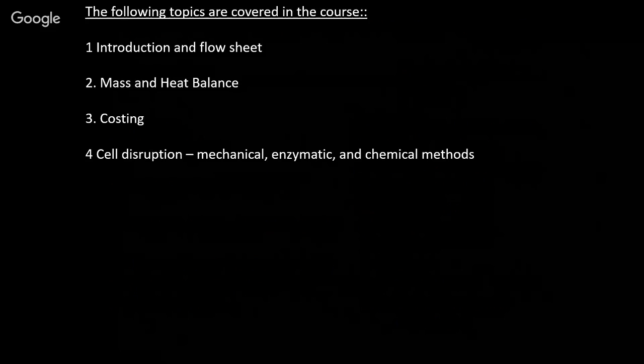Advantages, disadvantages of various techniques, and what are the equations involved in that, whether we can design, like how long you need to run a homogenizer to get 80% of the protein or 90% of the protein, and what are the parameters that need to be thought of, and all these we discussed in cell disruption.